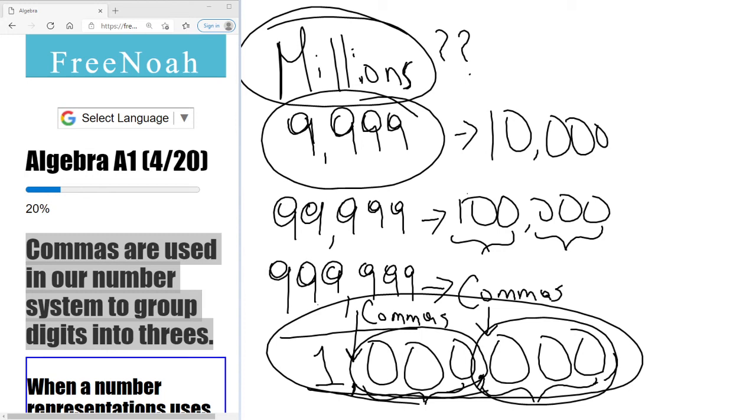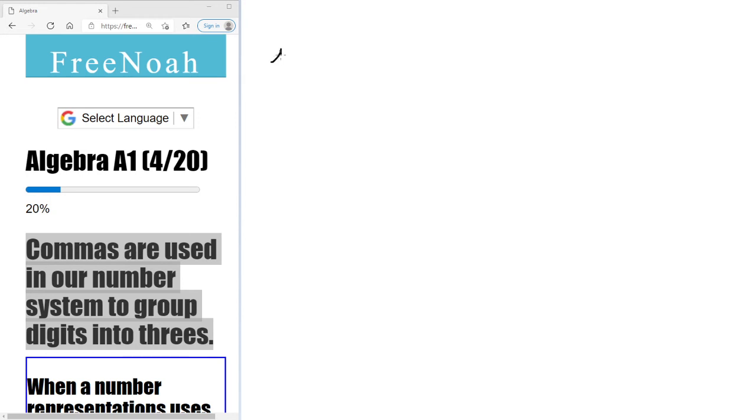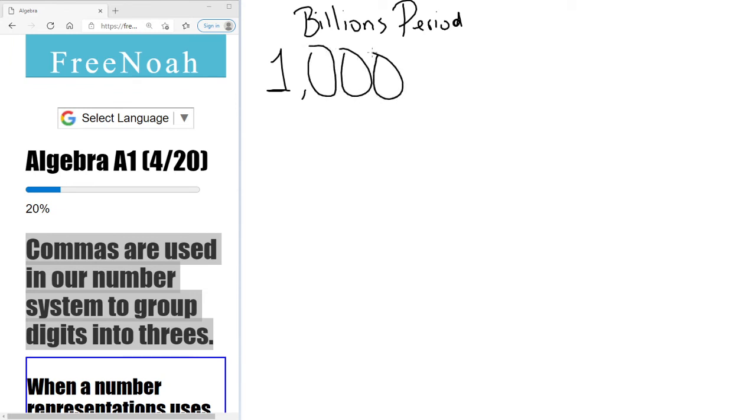Now let's give you one more before we finish here. We discussed millions. Now let's discuss billions, and that's going to be the last period. Billions is obviously bigger than millions. That's 1 million.